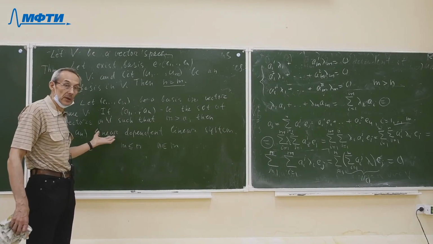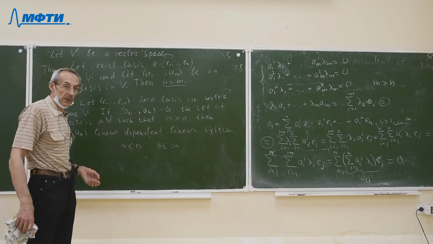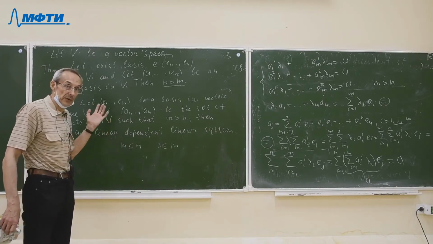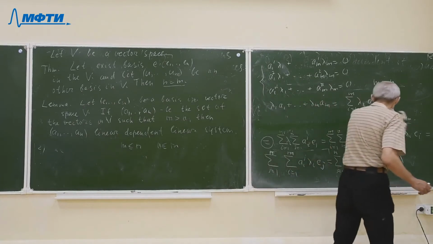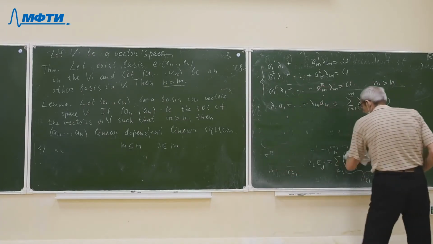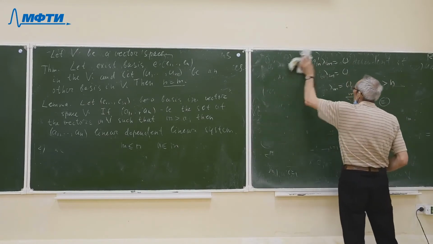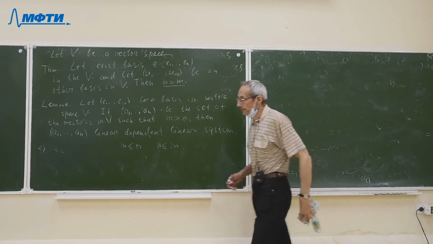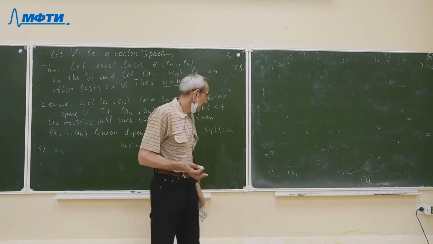It's a particular case of this abstract theorem. This theorem is a natural generalization of this fact. And now we apply this theorem and define the important notion of the rank of a matrix.